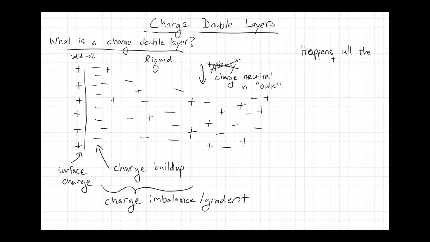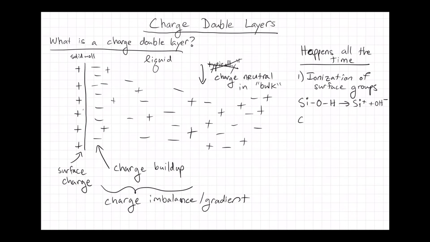This happens for a whole bunch of reasons. So like I said, there can be ionization of surface groups. A lot of times this is on purpose, but sometimes not. So glass has hydroxyl groups that will ionize and leave behind positively charged silicon atoms near the surface. Sometimes people will put Cu groups near the surface, or COOH, where the H will preferentially ionize and leave behind negatively charged surface groups.